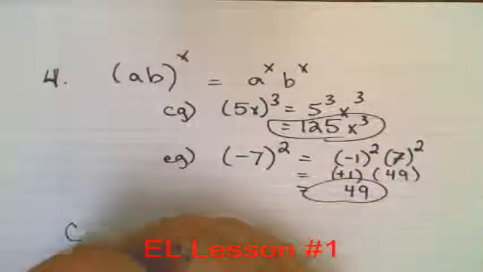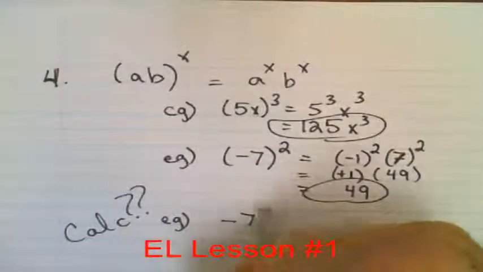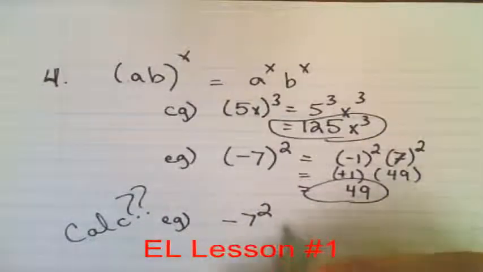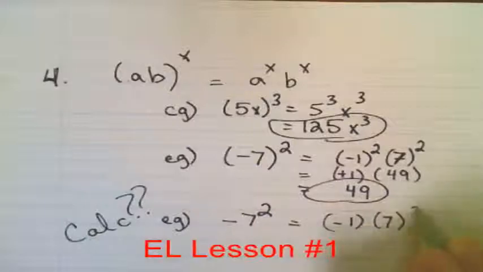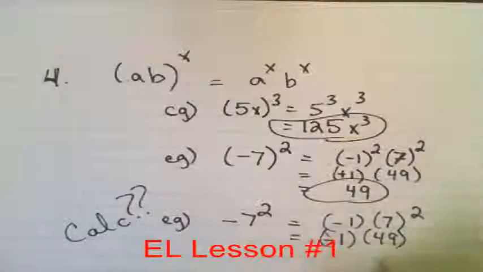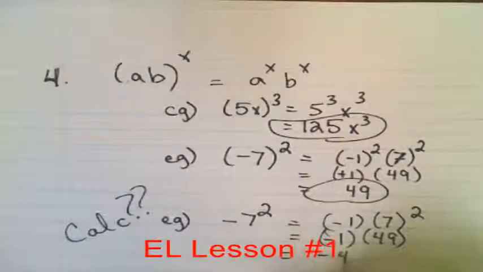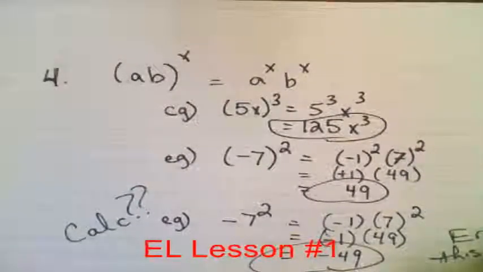If you don't put the brackets in the calculator, and I'm just going to write calc, question mark, question mark, if I just write -7 squared, then what that is, is -1 times 7 squared. So -1 is -1, 7 squared is 49, -1 times 49 is -49. So this is the error, if this isn't what you want.